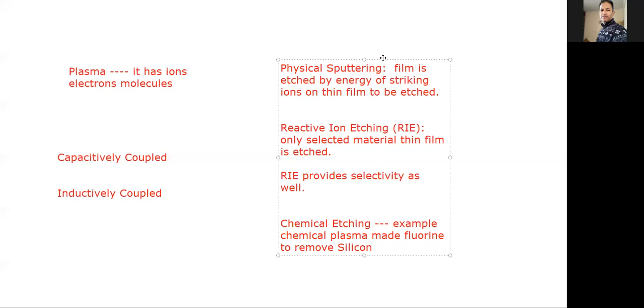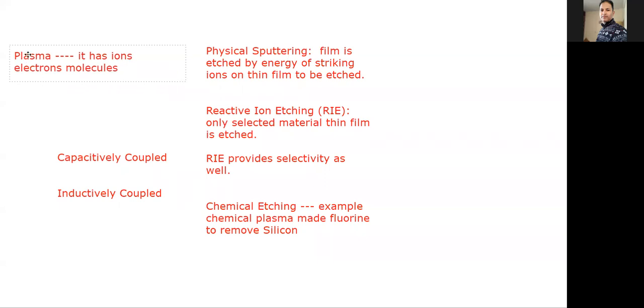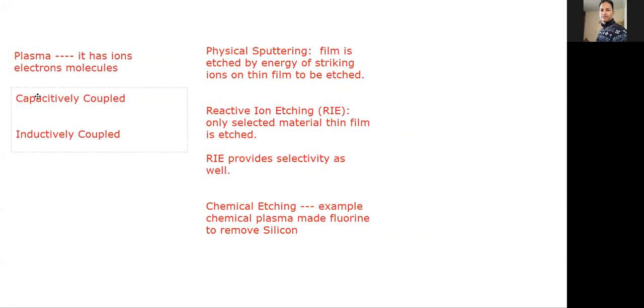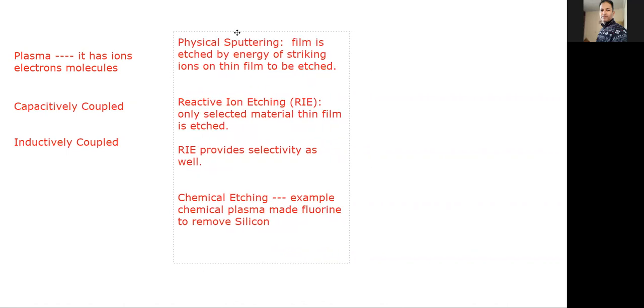Now, one important concept is the use of a polymer layer. Why it is useful, I will come to that point.